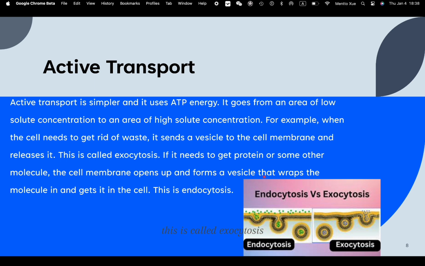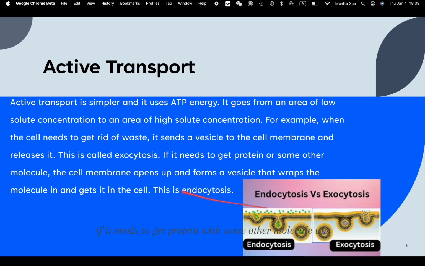This is called exocytosis, which is this picture right here. So this is a vesicle. It moves to the cell membrane, attaches itself to the cell membrane, and becomes part of the cell membrane. The protein or some other molecule wrapped inside it just goes out.